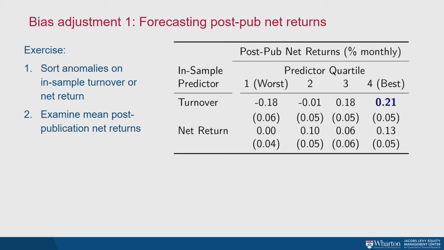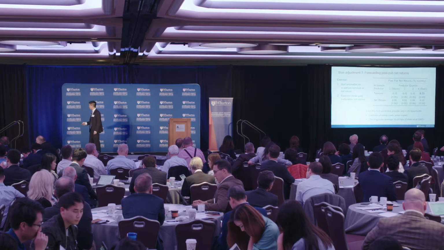And here are the results. The top row shows that if you sort on turnover and you buy low turnover anomalies, you could get about 20 basis points per month post-publication. Net return shows relatively little predictability. You get 13 basis points, but the standard errors are about 5 basis points.